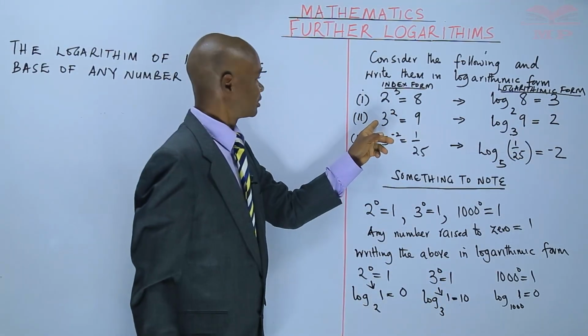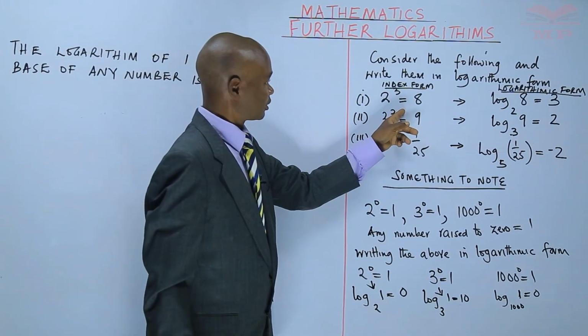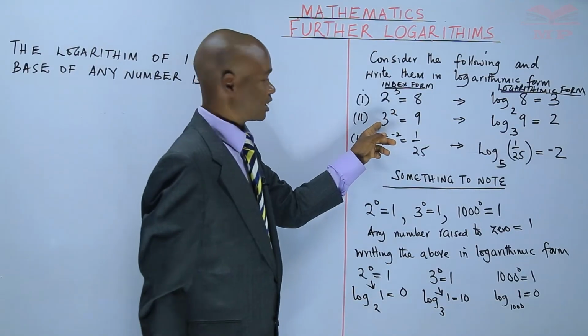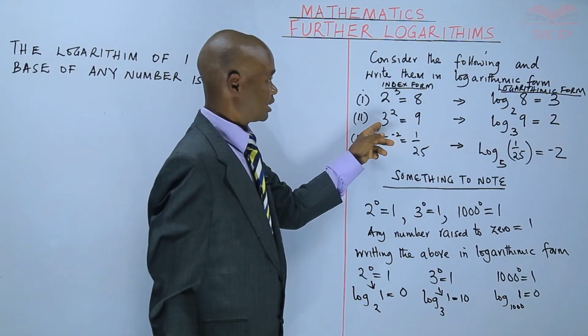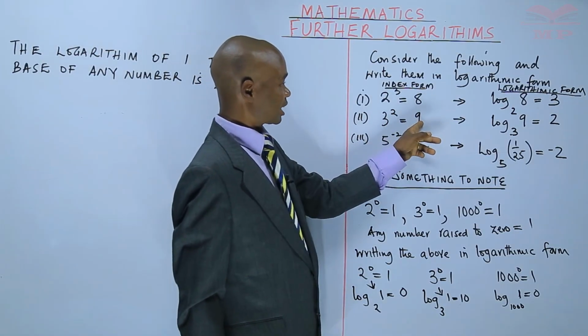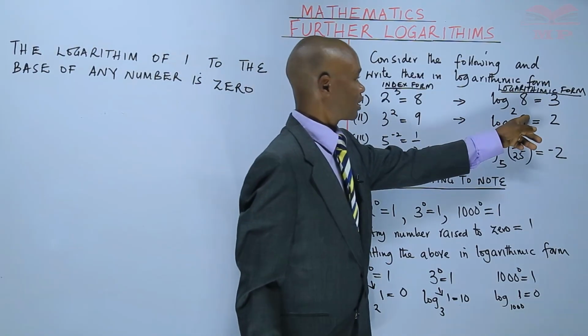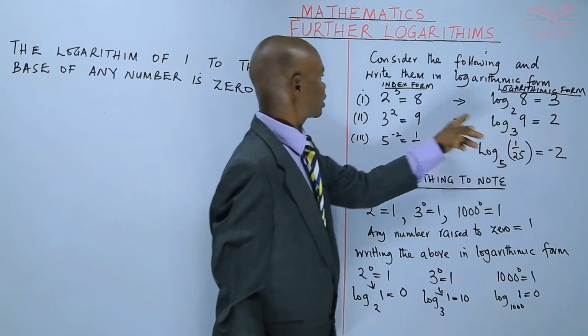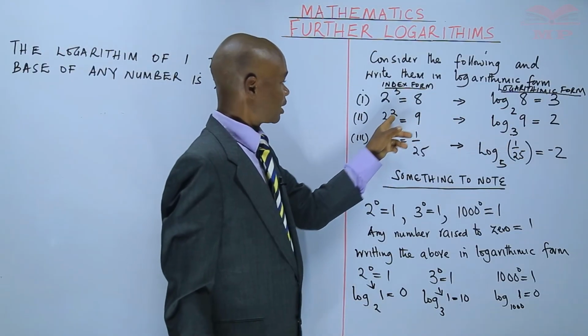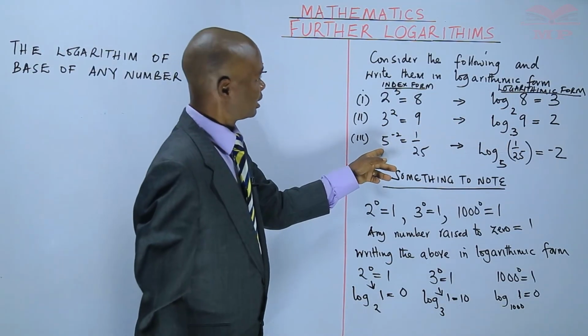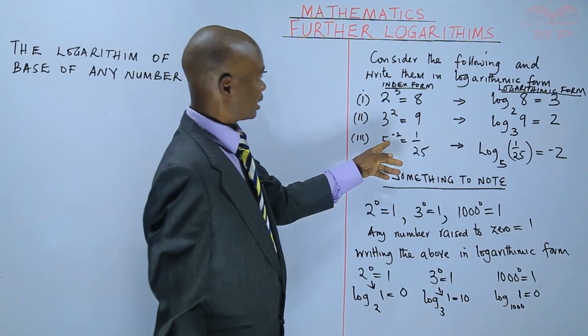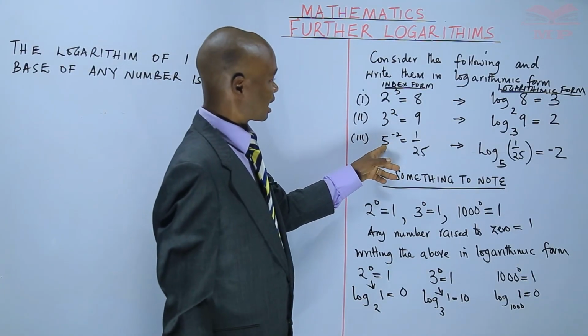When you come here, 3 raised to 2, 3 becomes the base. And the logarithm of the number you are talking about is this one, 9. So you say the logarithm of 9 to the base 3 is 2. When you come to the third one, 5 becomes the base.